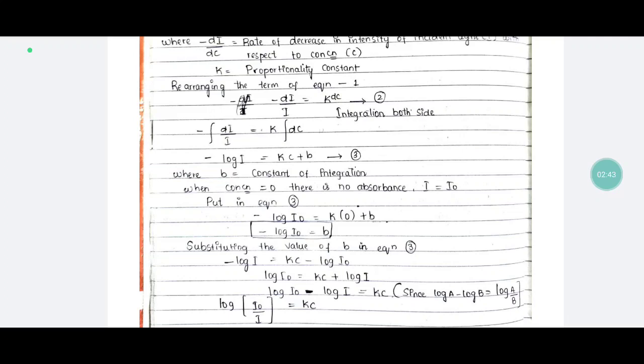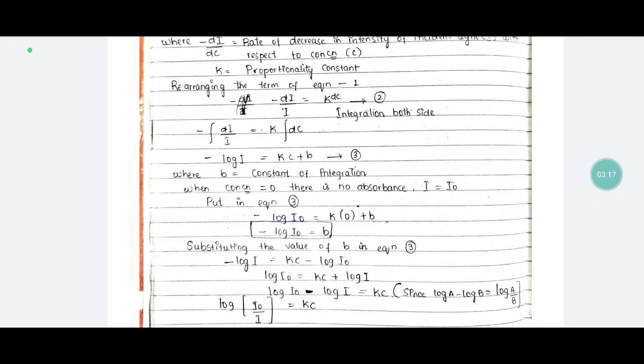Minus log I0 is equal to k0 plus b. So the fourth equation will be minus log I naught is equal to b. Substituting this value of b in equation 3, the equation becomes minus log I is equal to kC minus log I naught.